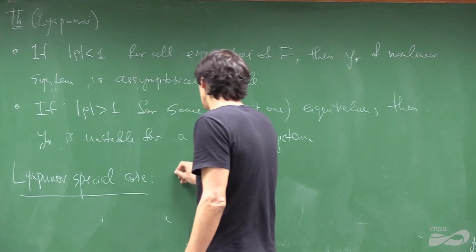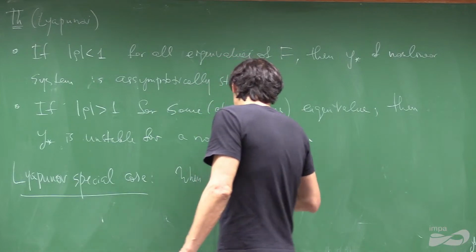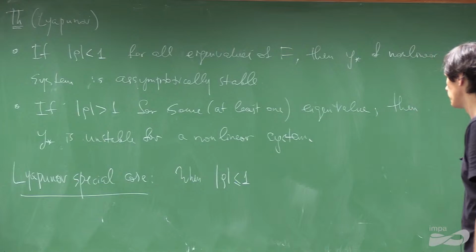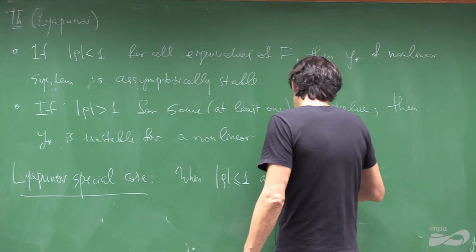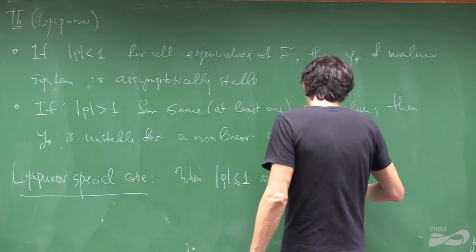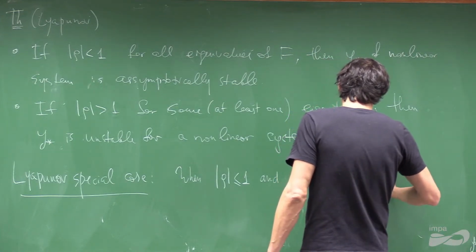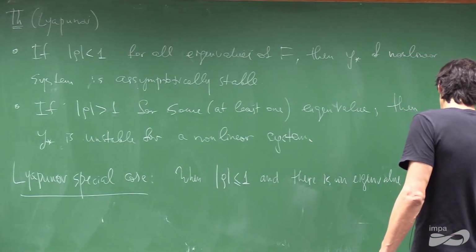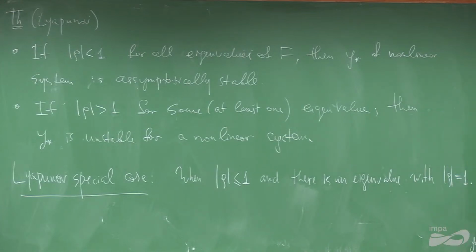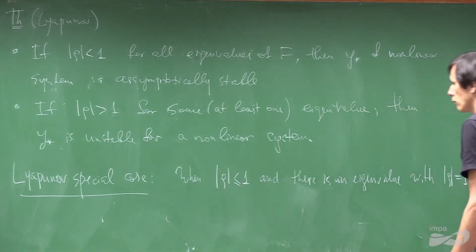This is when all eigenvalues have absolute value smaller or equal to 1, and there is at least one eigenvalue with absolute value equal to 1. This is just the same special case as we had before, but for the real part of the eigenvalue. Now it's for the absolute value.